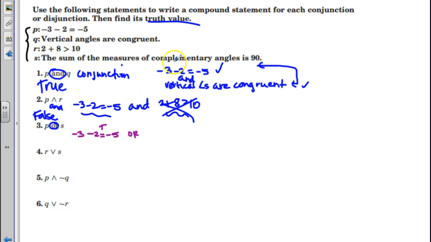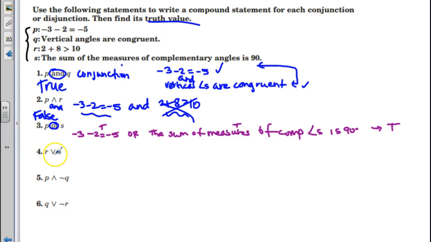Or S, the sum of the measures of complementary angles is 90 degrees. That is true also. So this statement is true.